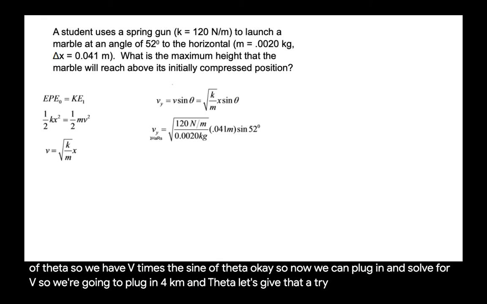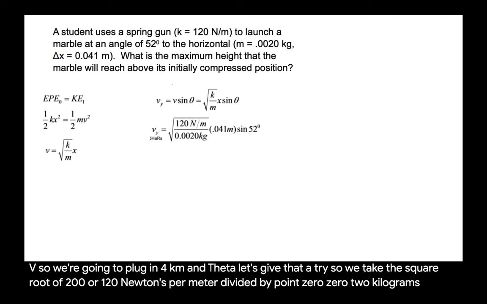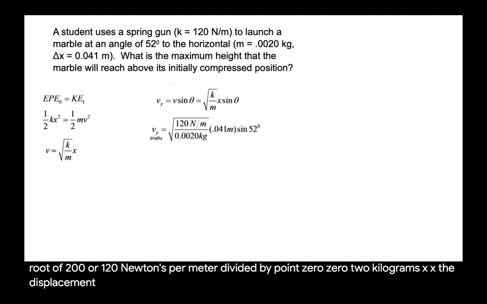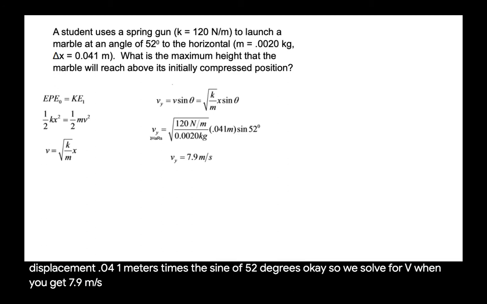Let's give that a try. I'm going to take the square root of 120 newtons per meter divided by 0.002 kilograms, multiply by x, the displacement, 0.041 meters, times the sine of 52 degrees. When we solve for v, we're going to get 7.9 meters per second.